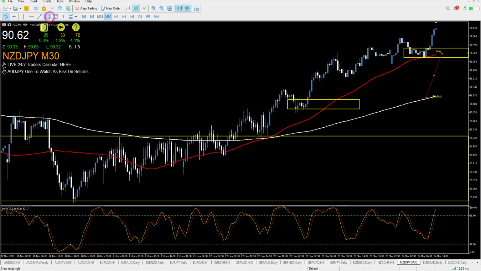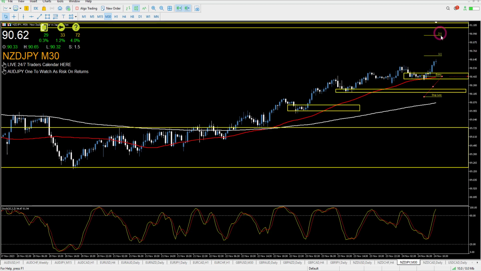We could probably go with a bit of a tighter stop, because obviously this low in here is also adding a little bit of protection for price. So probably could go in at like a 20. Let's see where that low is. That's about 22 pips, maybe around 26, 27 pips, just because spreads are a little bit higher on Kiwi Yen. But then that 2-to-1 comes within the range of those highs around that 91.10 handle.